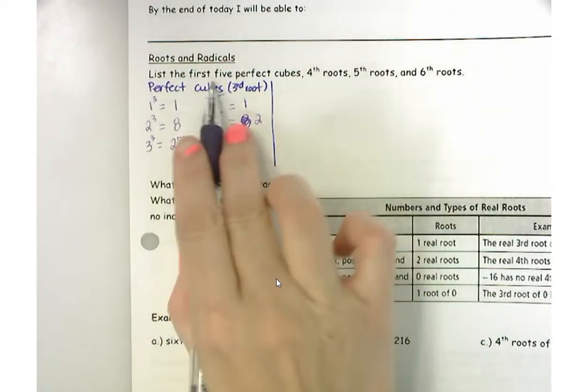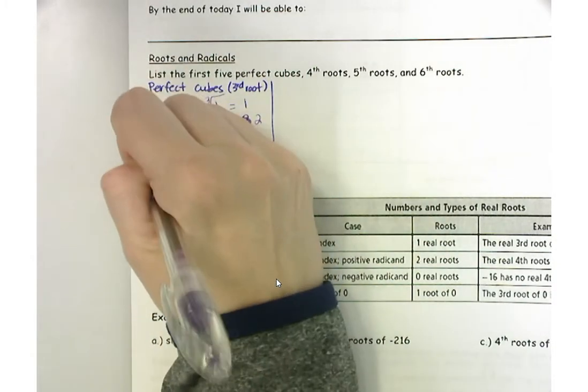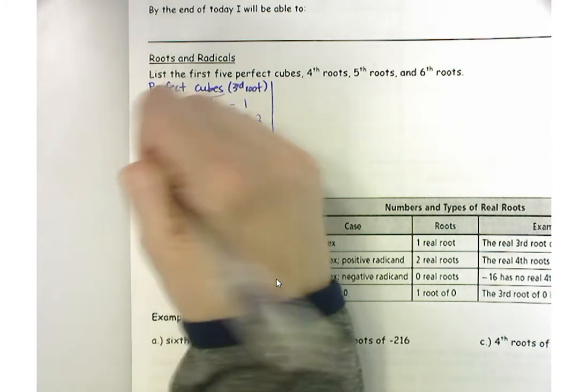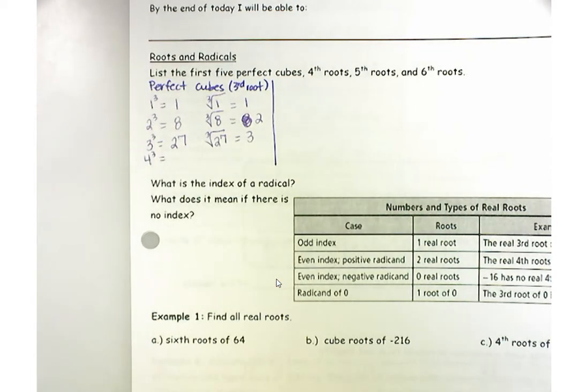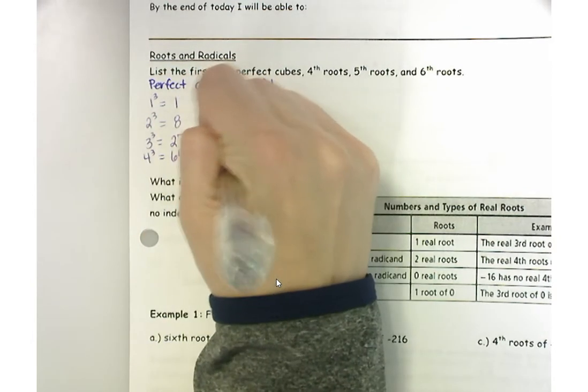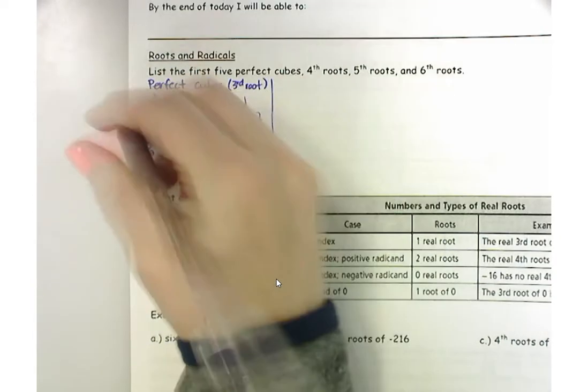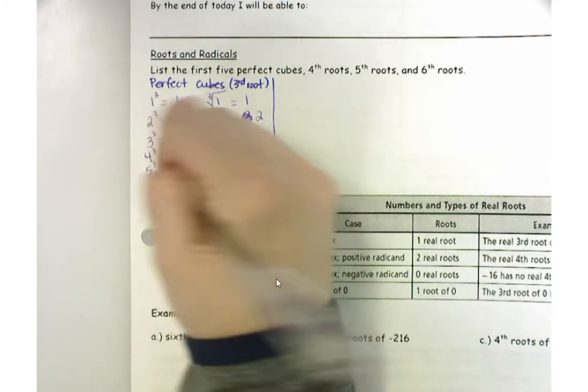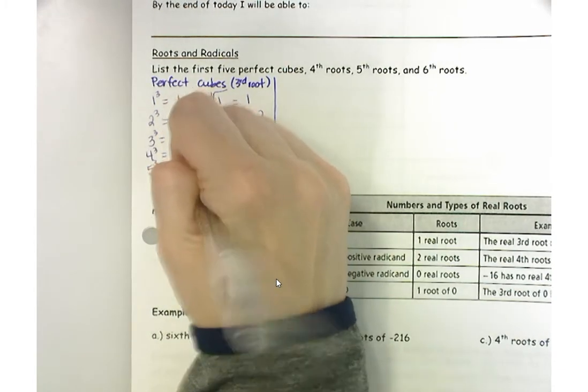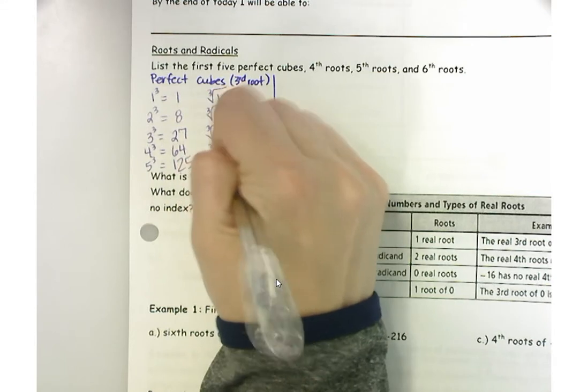So 4 times 4 is 16. What's 16 times 4? 64. So then we're going to do the cube root of 64, which is going to be 4. And then 5 cubed, that's something you should know right away. And then you have the cube root of 125, which is going to be 5. And then I'm just going to have you box in these values. Those are going to be your perfect cubes.